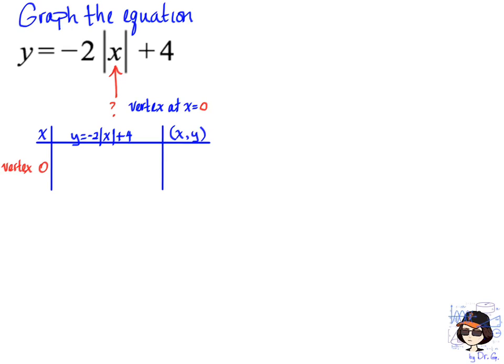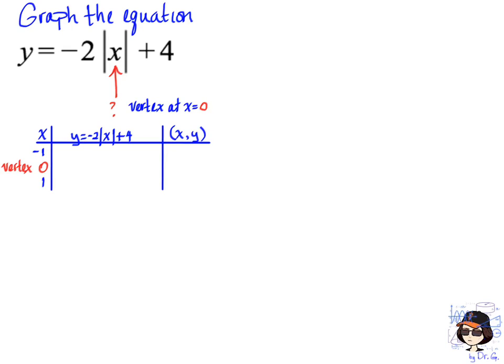So one number on the left, one number on the right. On the left of 0, I'm going to use x equals -1. I could use any negative number, anything on the left. I could have chosen x equals -15, but I'm going to choose something relatively small. So x equals -1 is on the left, and on the right, I'm going to use x equals +1.